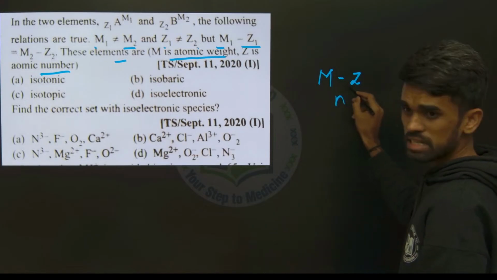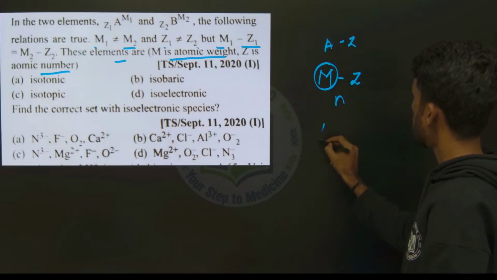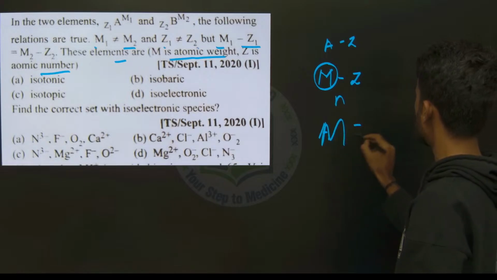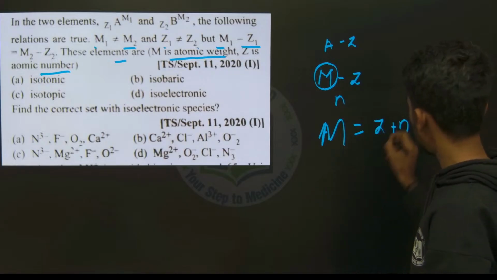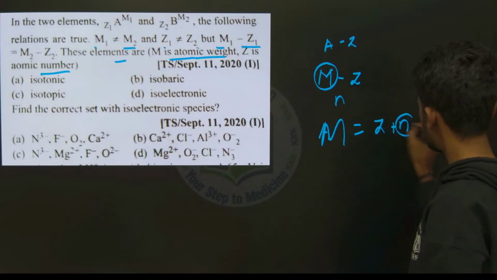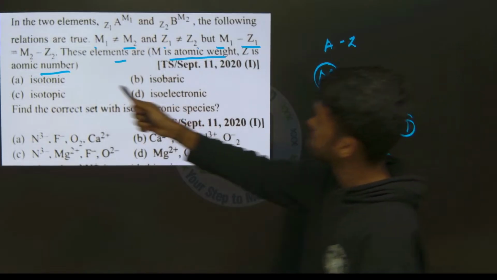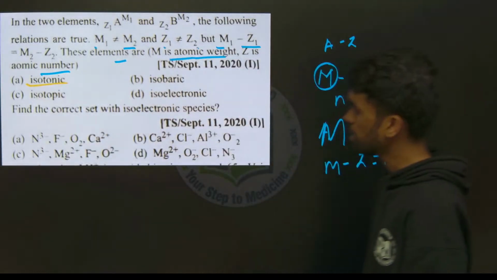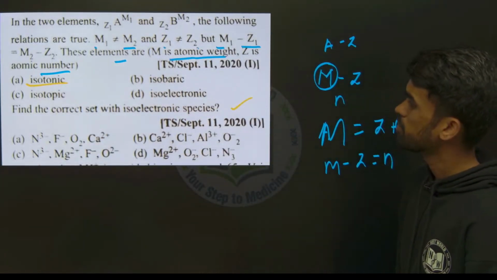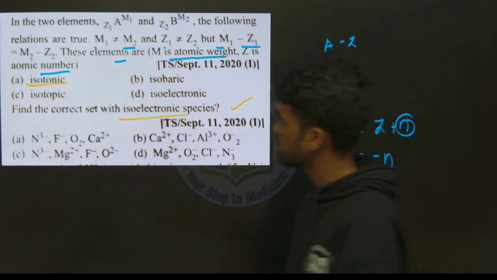So M minus Z is N, and if that number is the same, it means isotonic.